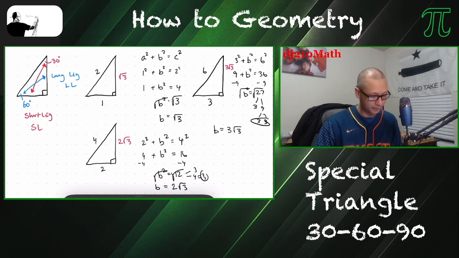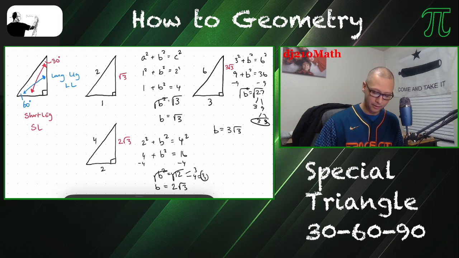Let's see if that's true in the second case. Again, the hypotenuse is double the short leg, and the long leg is root 3 times the short leg. And in the third example, the pattern continues. The hypotenuse is double the short leg, and the long leg is root 3 times the short leg.